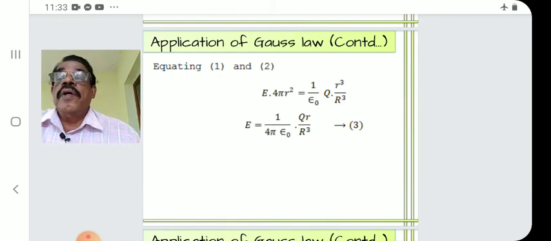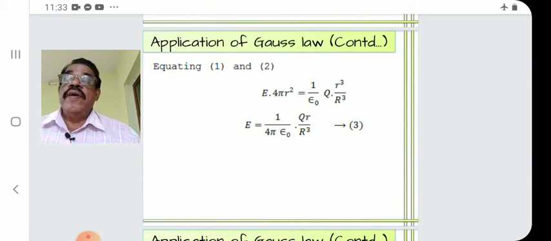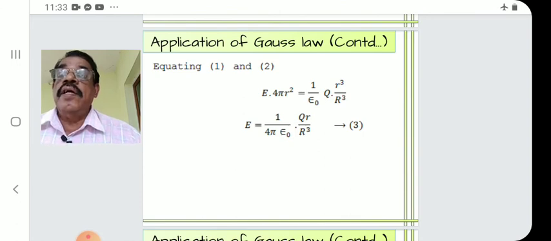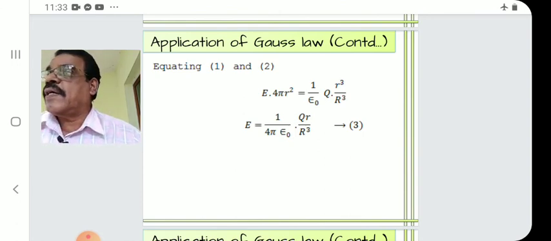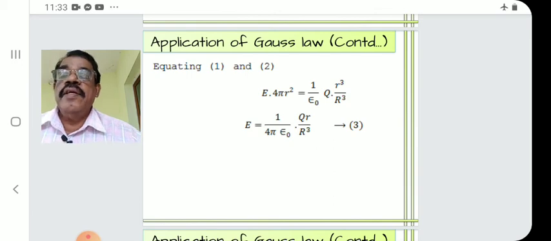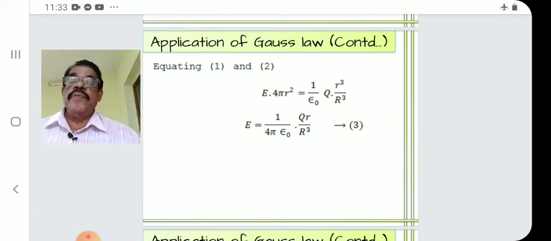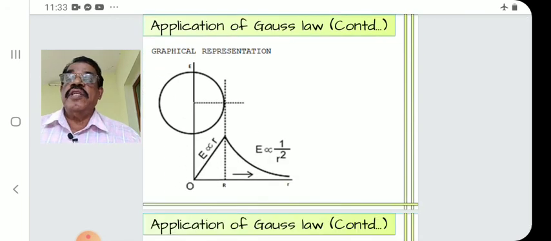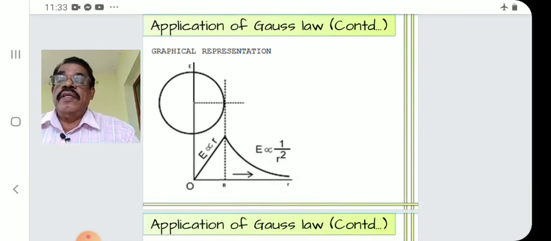That is, E is proportional to small r, because q, capital R, epsilon 0 are constants. So E is proportional to small r in this case, whereas for a charged conducting sphere, E inside is 0. Here, for a non-conducting sphere at a point inside, the field varies as r. So the graph will also change.